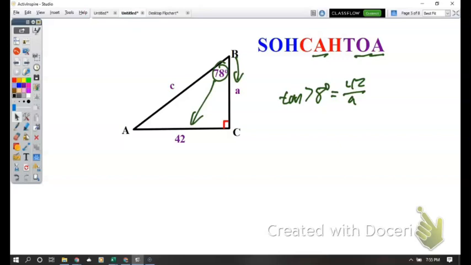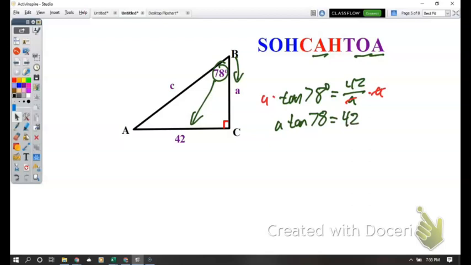So now this one is a little bit weird because my variable is in the denominator, and I don't really like the variable in the denominator. So we got to get the variable out of the denominator, and the way we're going to do that is going to multiply by the variable. So I'm going to multiply by A here, going to multiply by A there, and I now have this cancels out. So A times the tangent of 78 degrees equals 42.